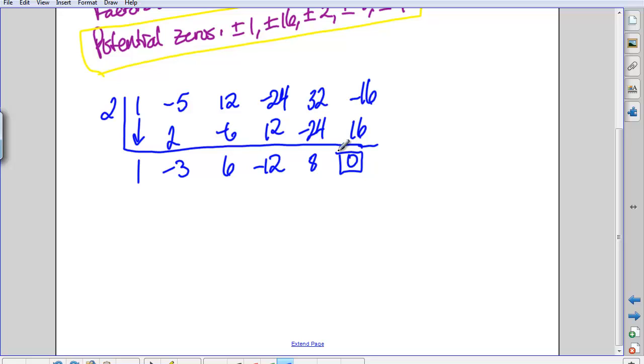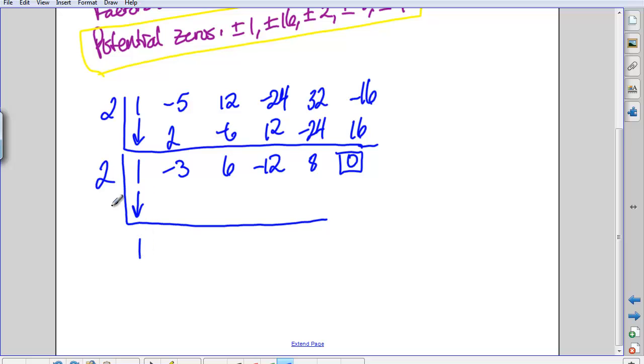Now, we just said this 0 has even multiplicity. What that means is it's a repeated 0. And as you're doing the synthetic division, if you know a 0 is repeated, like this positive 2, since it touches the x-axis, go ahead and repeat that synthetic division again with the same 0.